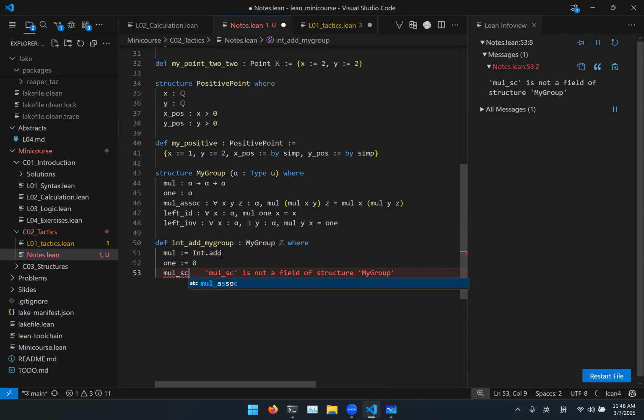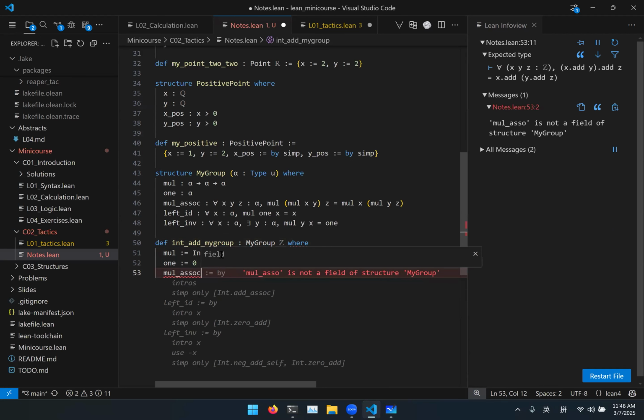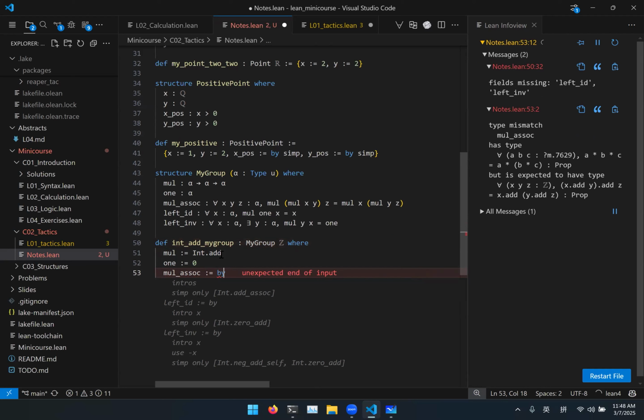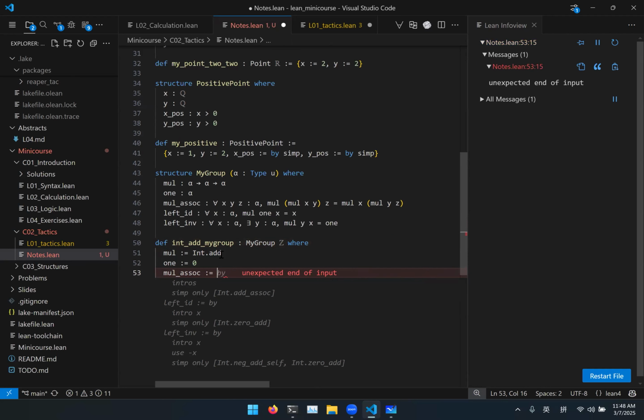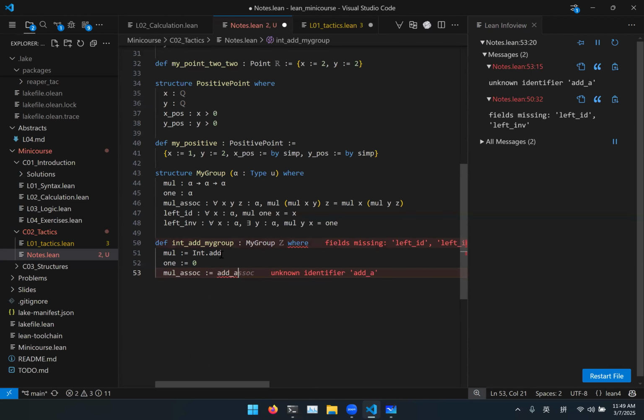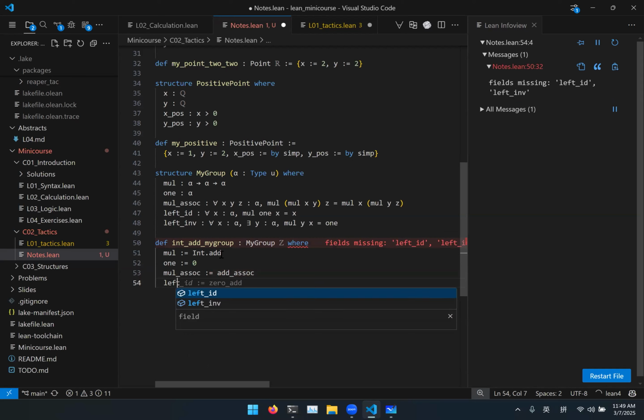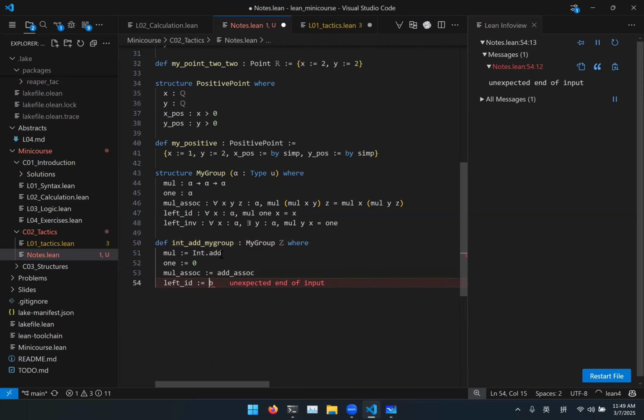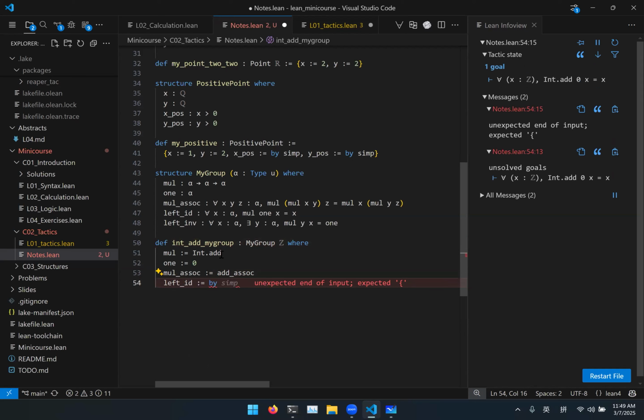So for the associative, we can use an already existing claim in integers, which is add associativity. And for the left ID, we can use tactic mode to see what we actually want to prove.